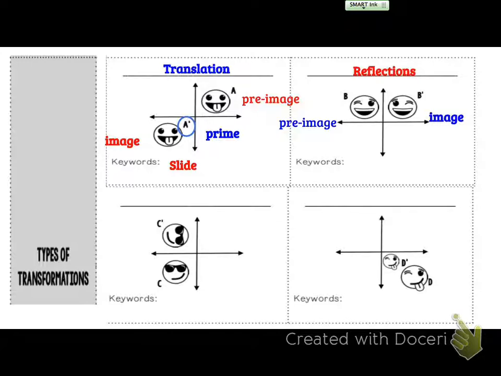Has it moved? No. Does it look like it's on a different side of the face? Yes, so it's a reflection. When you look in a mirror, everything that is on your right is now on your left. Another term you'll see for reflection is flip or mirror image.